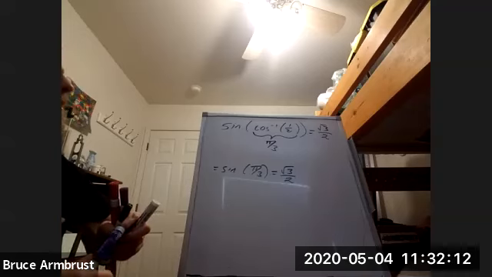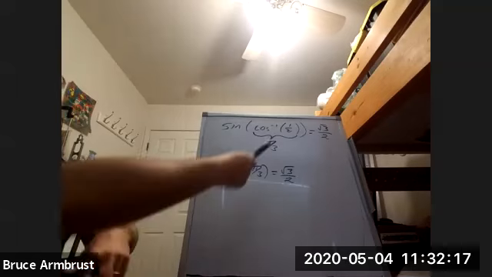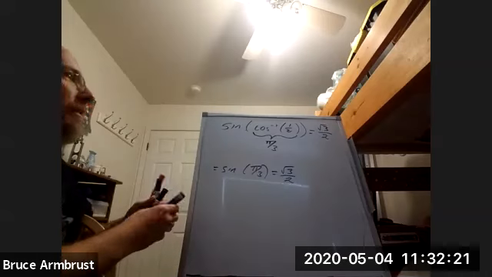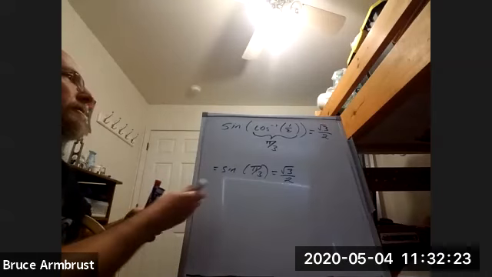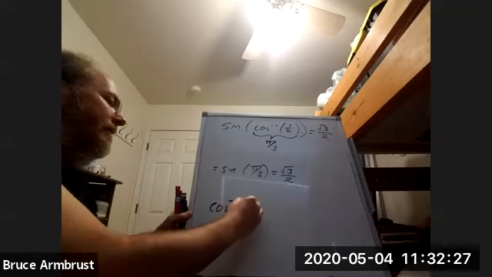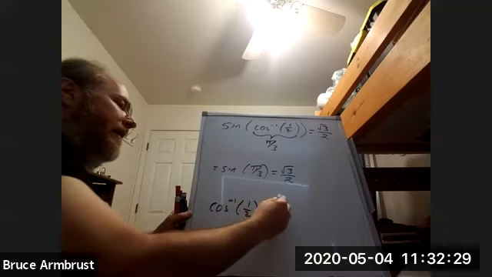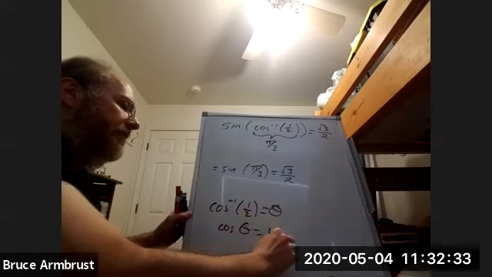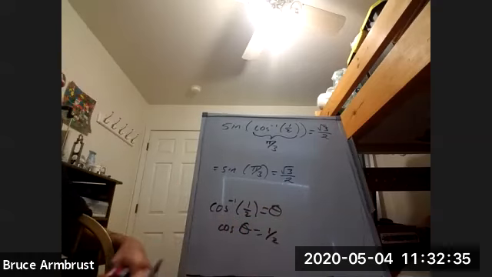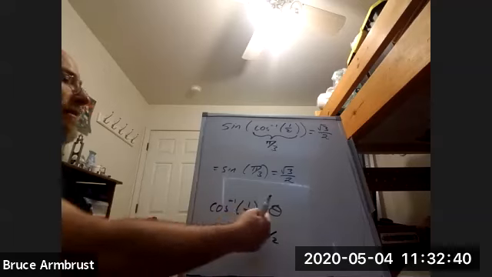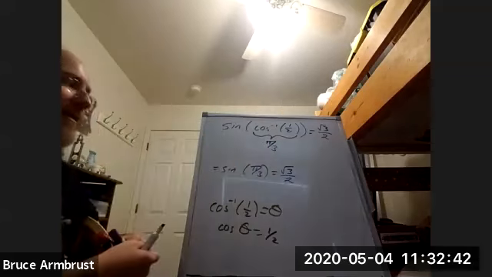So notice that all I did was make use of the fact that I could find the angle in here. Really, when we write cosine inverse of 1/2, that's an angle. That's just saying, find me the angle whose cosine is 1/2, and then put that angle into sine.